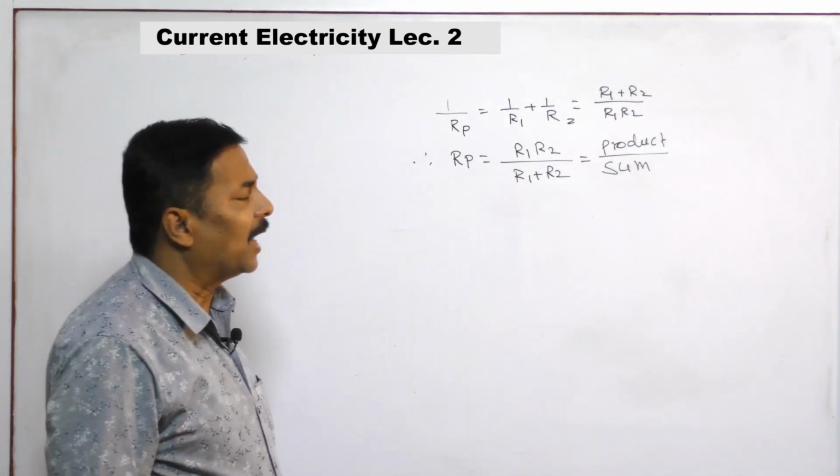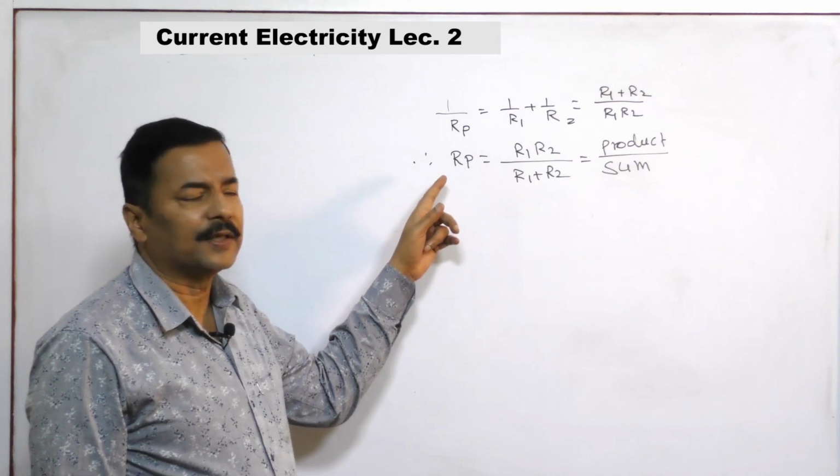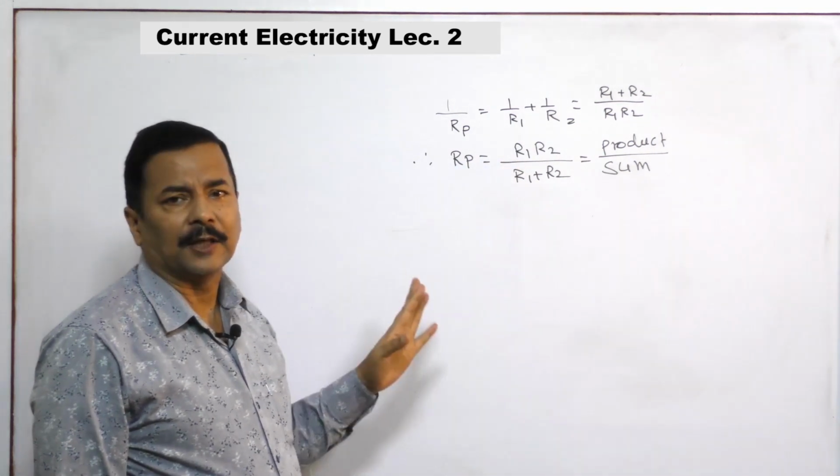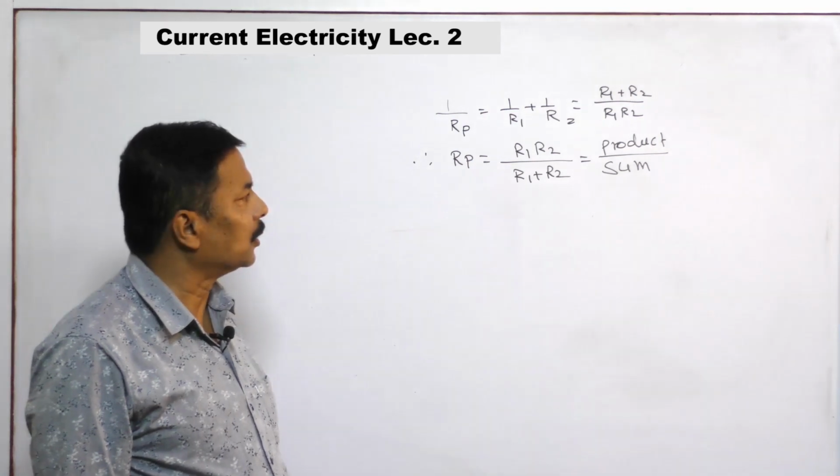This thing has to be remembered, that in case of two resistors, the equivalent resistance is given by product by sum. And here you can find the current also.